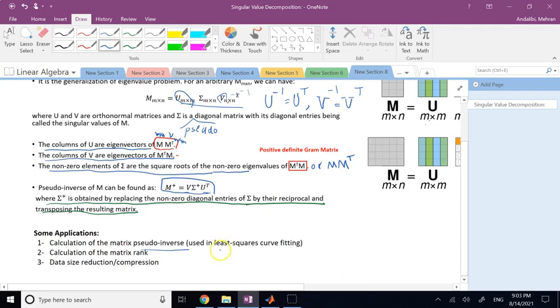If you look at one of our videos called Least Squares Curve Fitting, you'll see this is the place that you use it. So if you have a linear set of equations like Ax equals b, but the set of equations is overdetermined, so A is m by n, x is n by 1, and b is m by 1.